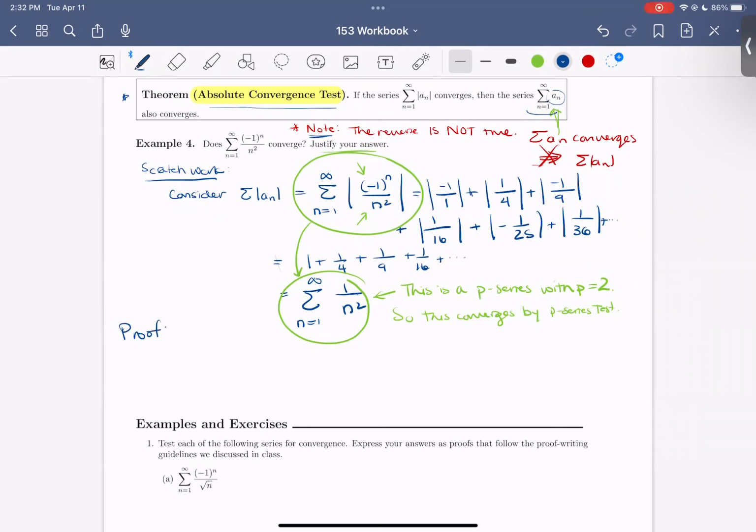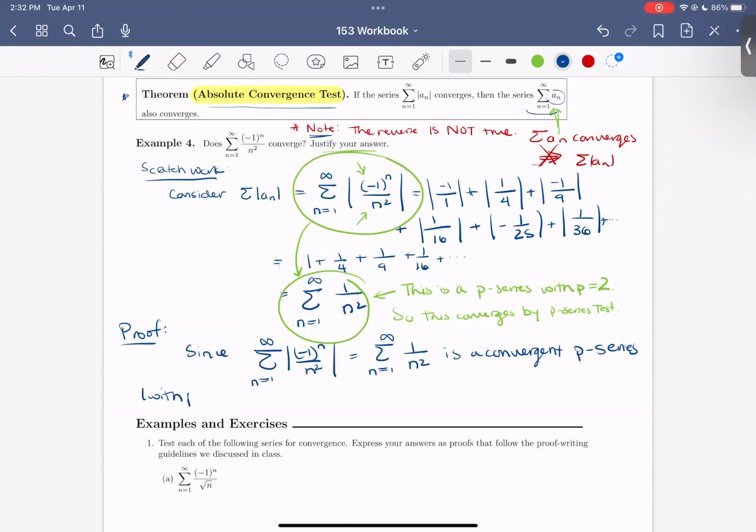Proof. Since the sum from n equals 1 to infinity of the absolute value of negative 1 to the n over n squared equals the sum from n equals 1 to infinity of 1 over n squared, which is a convergent series, and specifically a p-series with p equal to 2, then the series without the absolute value, that is the sum from n equals 1 to infinity of negative 1 to the n over n squared, converges.